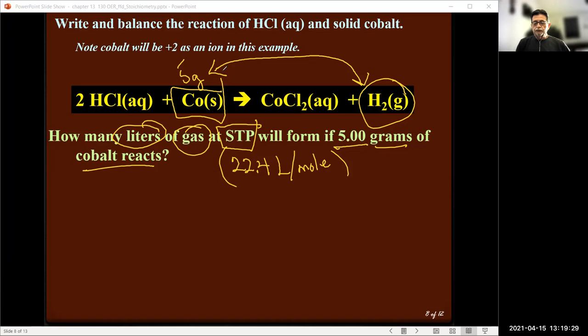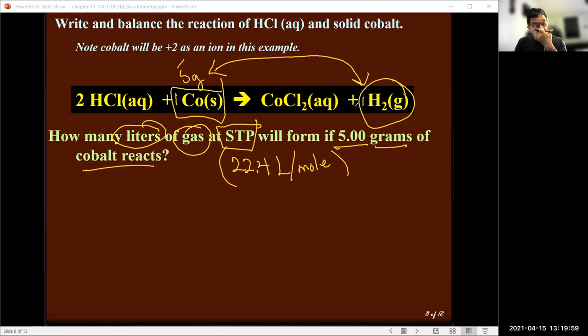So we determine who are the key parties in this calculation. We look at them, everything's balanced, so we see it's a mole ratio of 1 to 1. That really makes it pretty easy. Whatever number of moles of cobalt I have, I'm going to have the same number of moles of hydrogen because it's a 1 to 1 relationship.